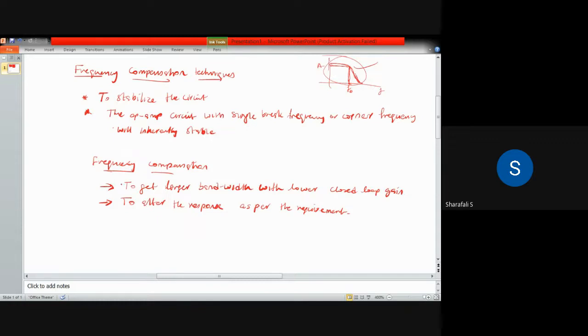Okay, so there are mainly two different kinds of compensation. One is called internal compensation, which we already discussed, and then we have external compensation.